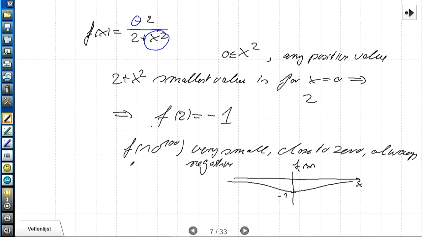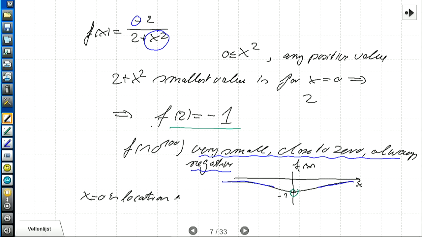This sentence here says that it looks a bit like that. This is what I use here, and this information is what I use here. The combination gives me that sketch, and I conclude this is the location of the minimum.